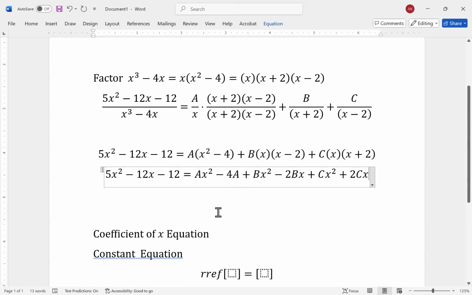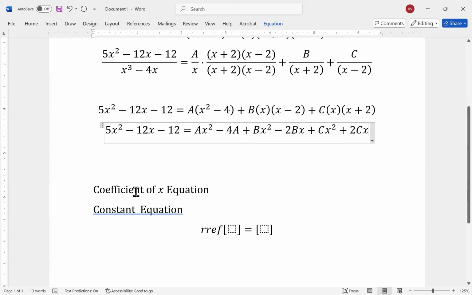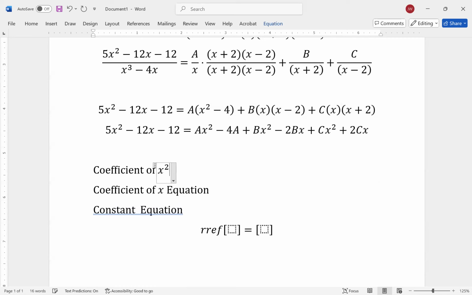Now previously, I had the coefficient of x equation and then the constant equation. Now I'm also going to have a coefficient of x squared equation, because obviously I have an x squared. So let's look at the x squared terms.